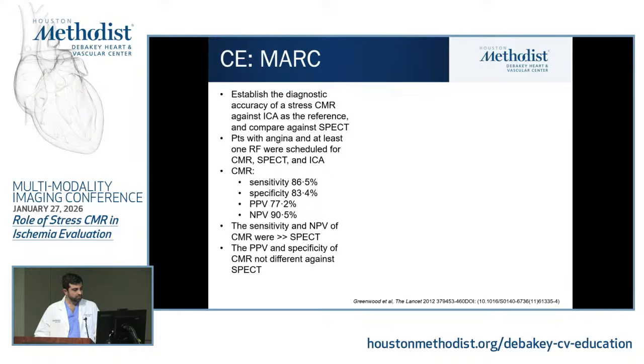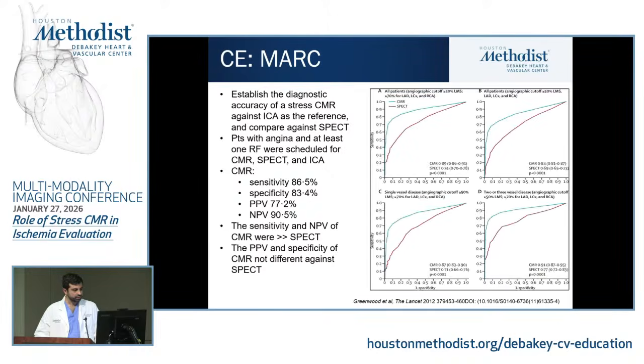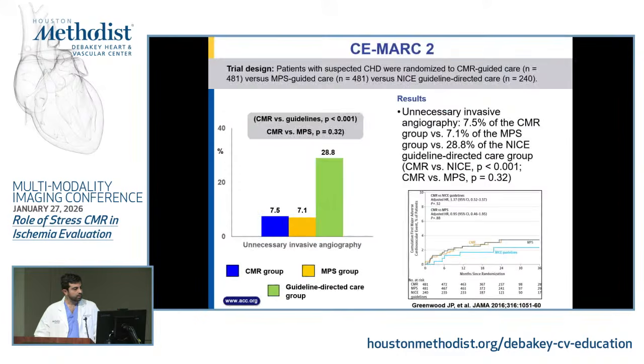Positive predictive value and specificity were not highly different than against SPECT. And you see this was consistent across single vessel disease, left main disease, or multi-vessel disease. And this was also an older SPECT technique, which is a key recurring criticism from the nuclear folks against this study. And I believe it was thallium.